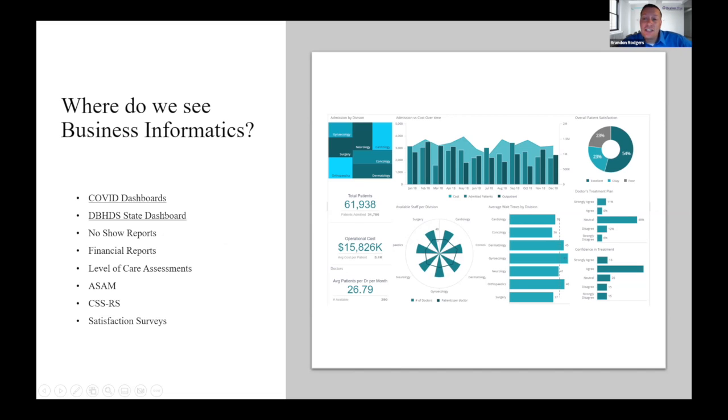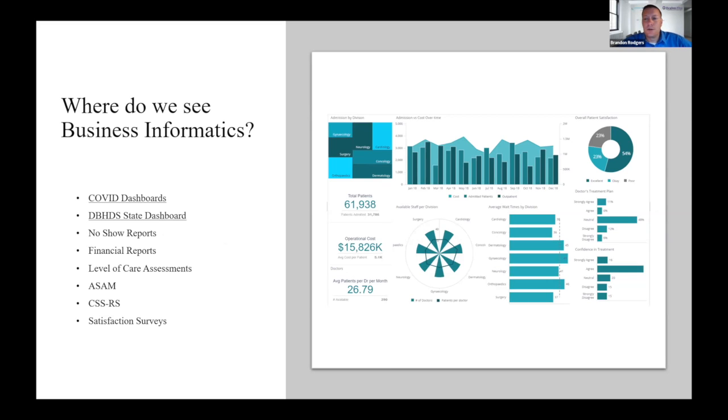So there's a DBHDS state dashboard that shows how we're doing on certain performance metrics as a CSB system and as individual CSBs. You guys caught on to a couple of these things: no-show reports, financial reports. We look at level of care assessments. We look at our ASAMs. We look at our Columbia suicide risk screeners, and we look at satisfaction surveys.